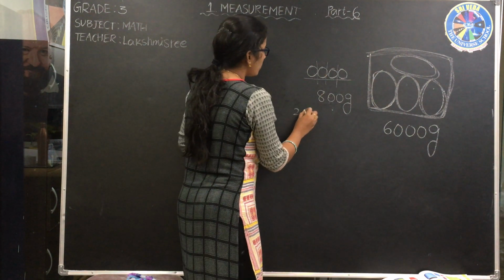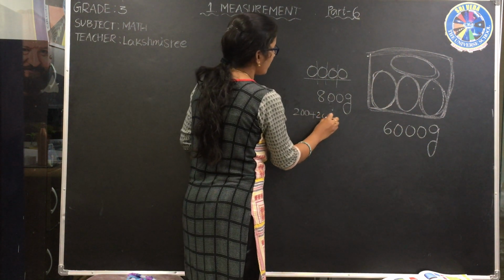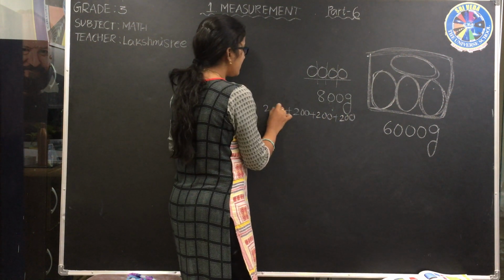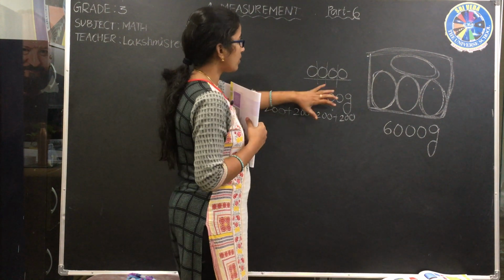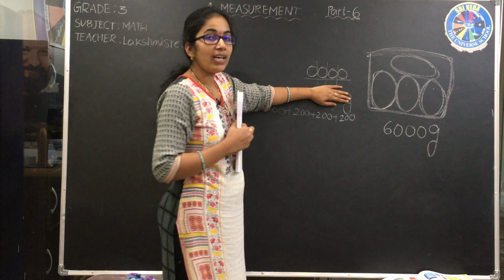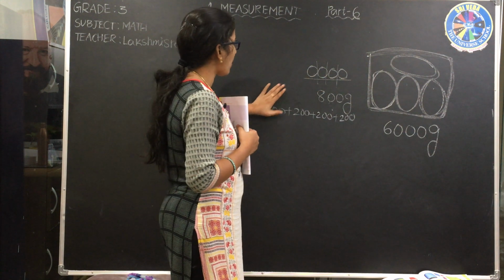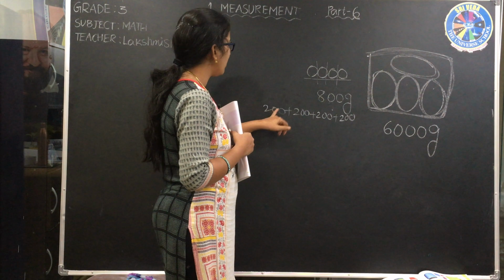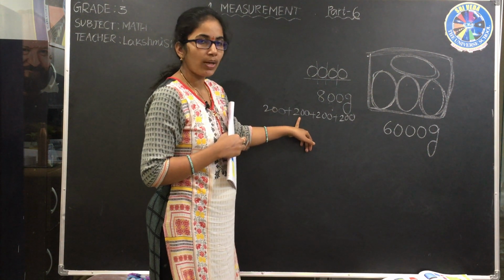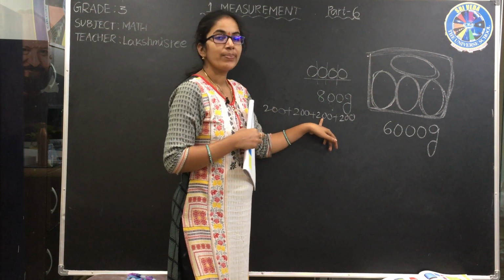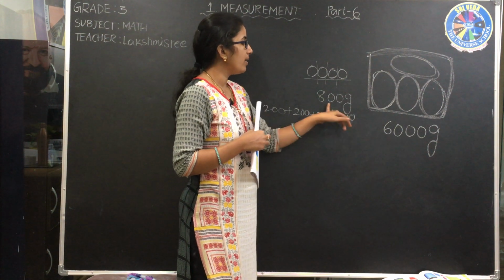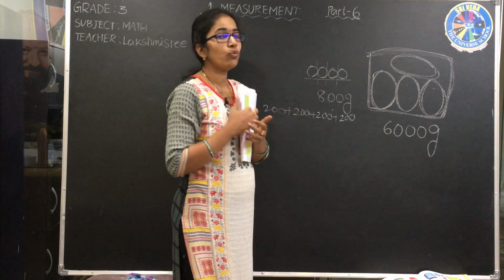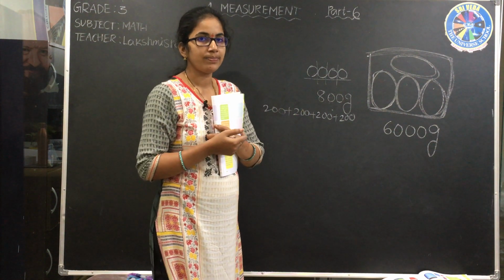See, 200 plus 200, 400 plus 200, 600 plus 200, 800. So the total weight we are dividing into 4 parts because here we have 4. That's why we divided into 4 equal parts.